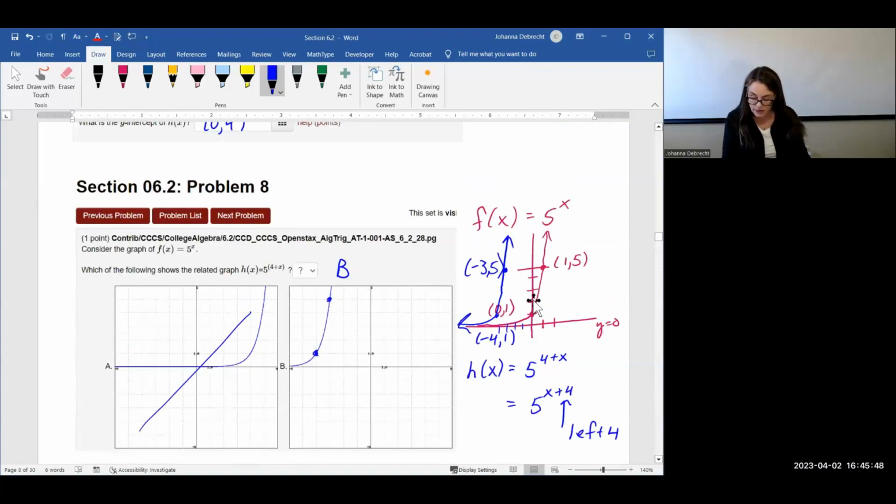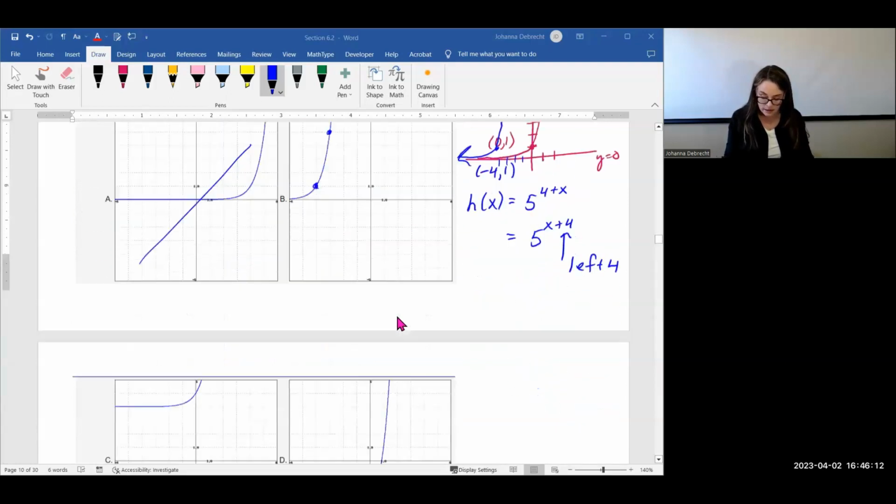Right? So if we're looking at this part right here, the original function is 5 to the x, and h of x is 5 to the x plus 4. So 5 to the x has a range from 0 to infinity. The domain is all real numbers, and the y-intercept is 0, 1.